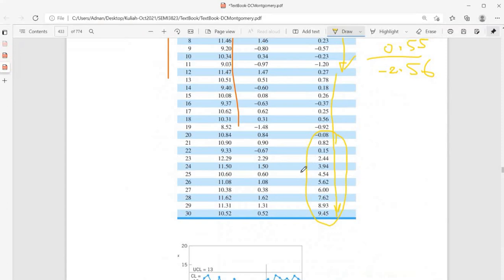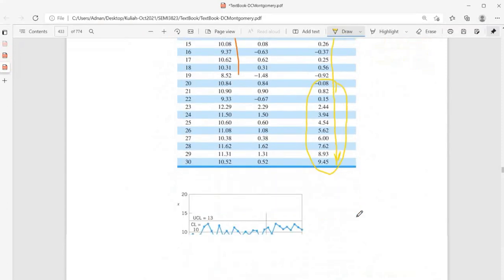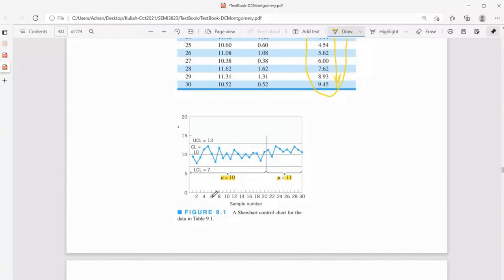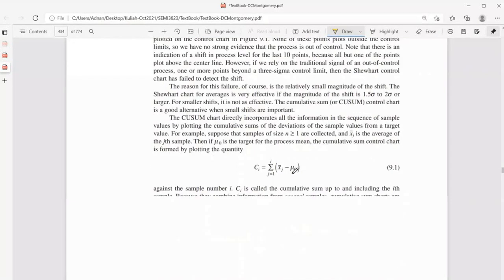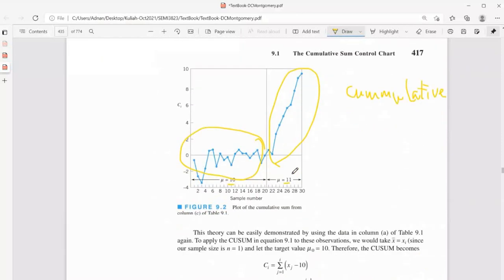The process has shifted. If we plot here, you cannot see it. But when we plot using the Q sum, we see the increase. This is the advantage of using cumulative sum compared to the X chart.